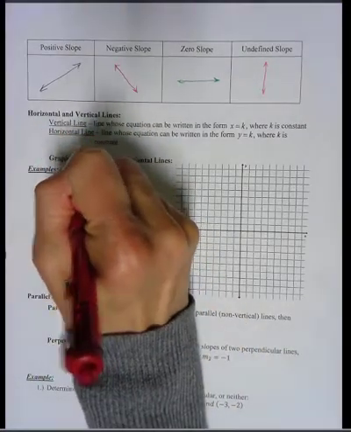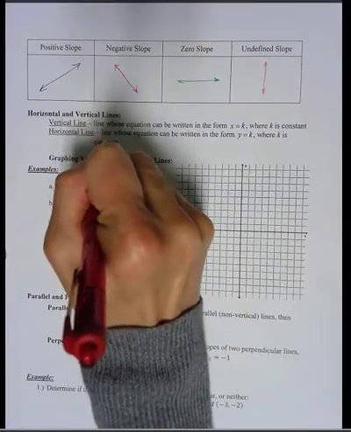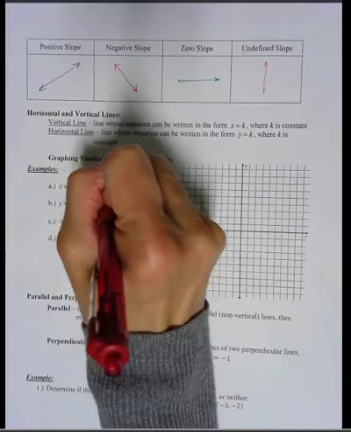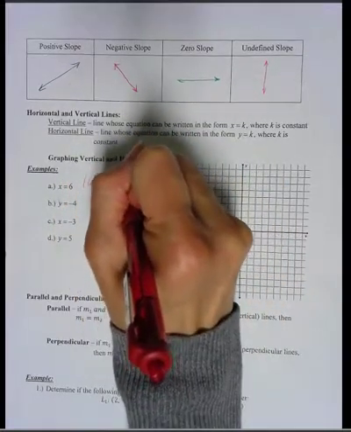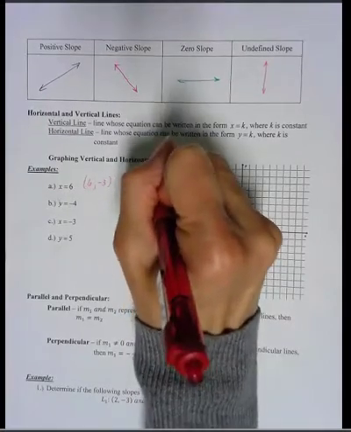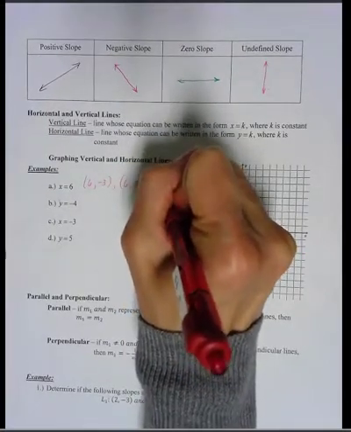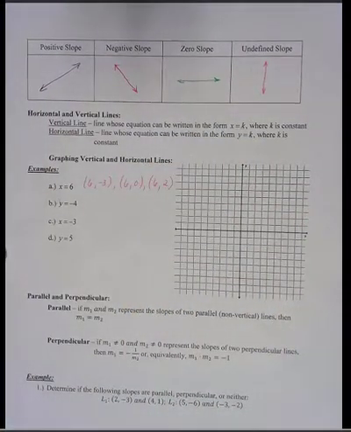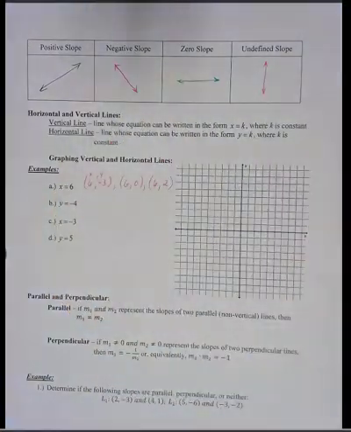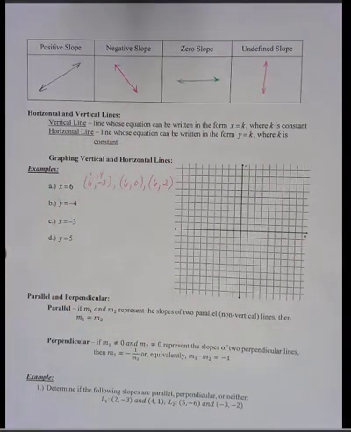In this case, 6 is always going to be the x value, so you can pick any other value. Maybe you like -3. Then you have the point 6, -3, and maybe 6, 0. Then you have maybe 6 and 2. You could continue going on as long as 6 is the x value. This is our x coordinate, and we have 6 in that position. All right, so let's go ahead and graph that.